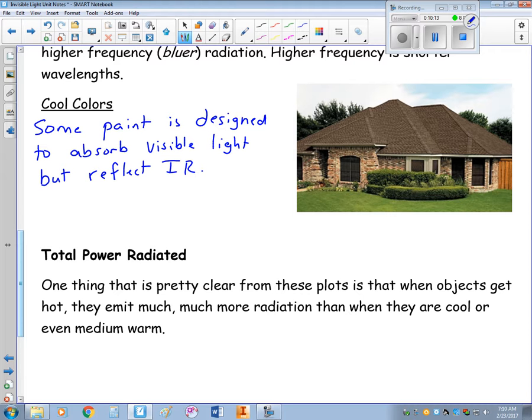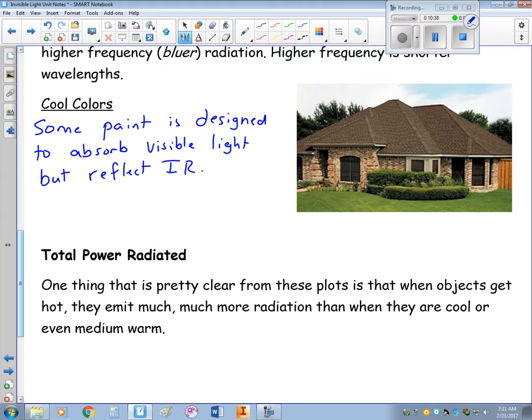So what this means is that we can have a darker paint that would still keep a home cool. If it's absorbing the visible light, it kind of gives the paint a darker color because it's absorbing more of the frequencies. But infrared is kind of like the heat kind of wave. So if it's reflecting that, then it's keeping the home cool.